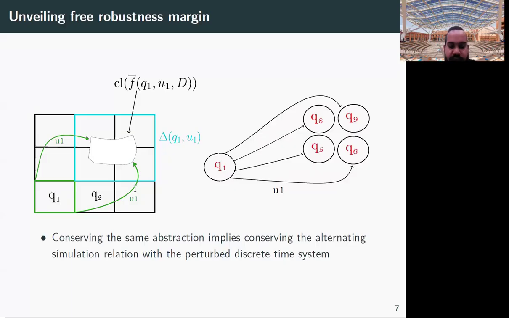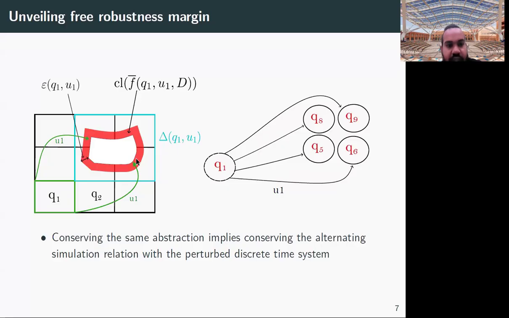So what we have noticed is that if we add here a margin to this reachable set and calculate the corresponding abstraction, we will end up with the same abstraction, because this white region plus the red boundaries have the same intersection with the same discrete states.